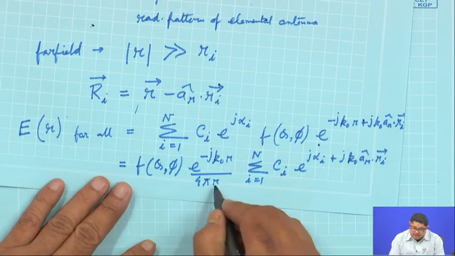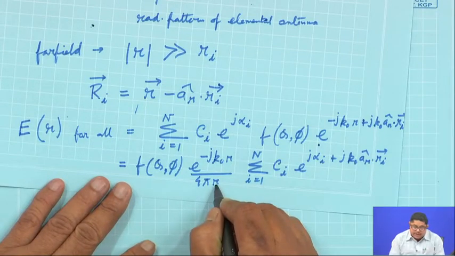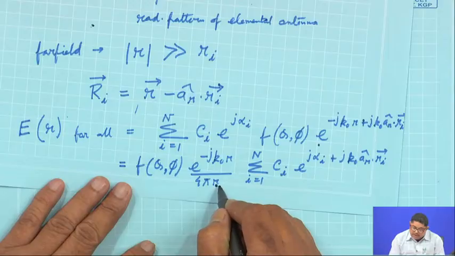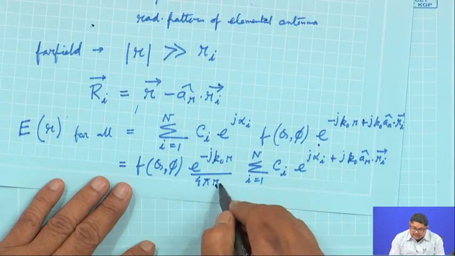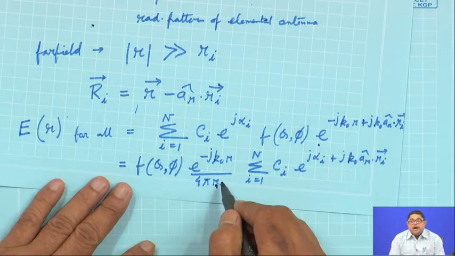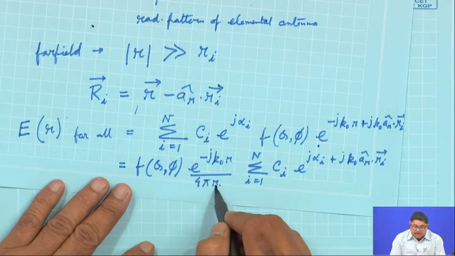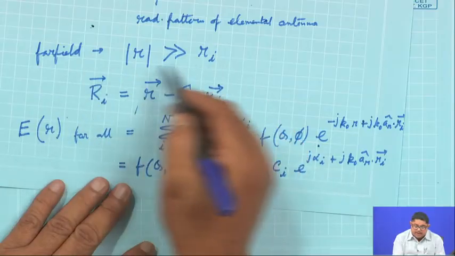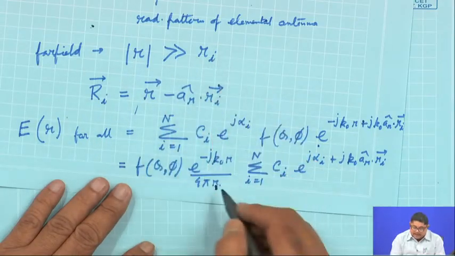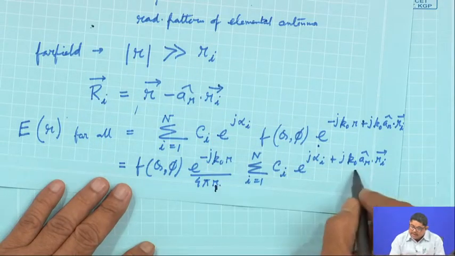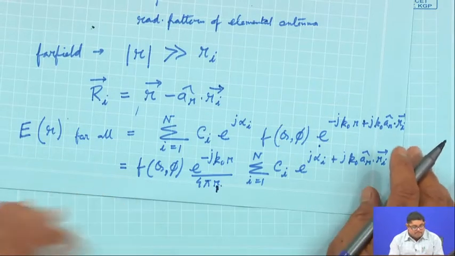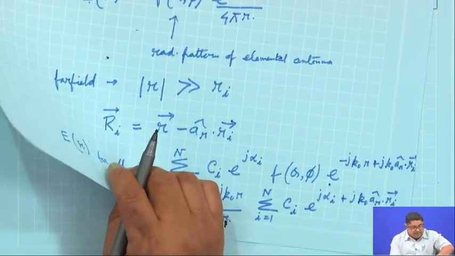If you notice in the last expression, we have substituted 4 pi r for each one, though it is actually different for each, R1, R2, etc. Since this is the amplitude part, we have put the far field formula, that all Ri's are same. But in the phase part, we have put the exact condition.